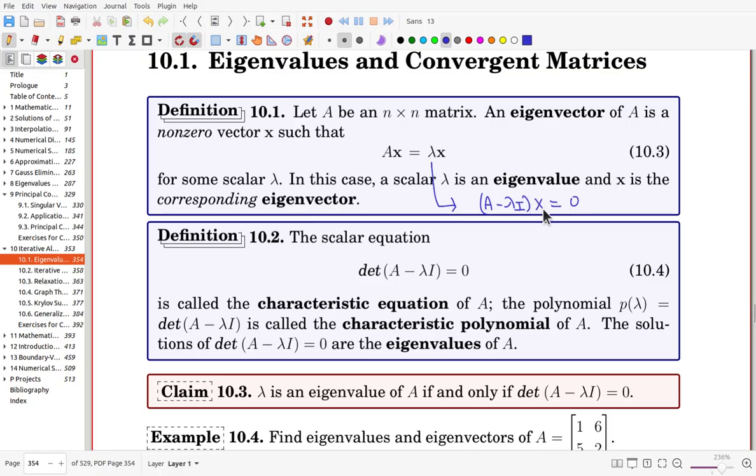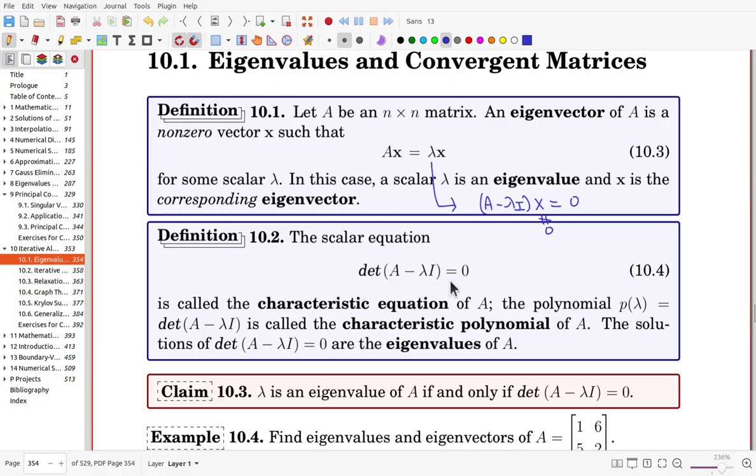Now x must be non-zero. That means that this matrix must be singular, which means again that the determinant of this matrix must be 0.